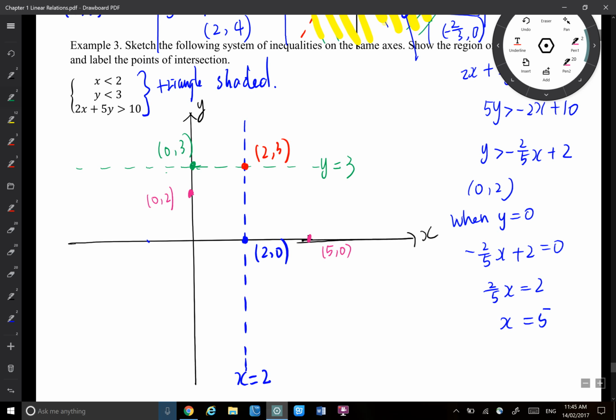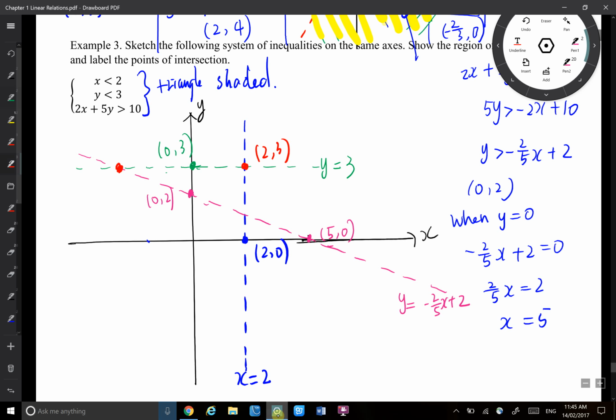That should be a dashed line as well, because there's no equal sign. That's the line. So y equals -2 on 5x plus 2. Okay, but you can see there are points of intersection.